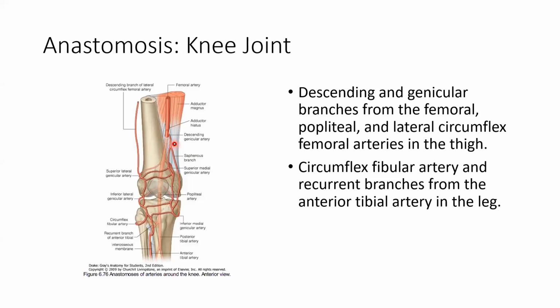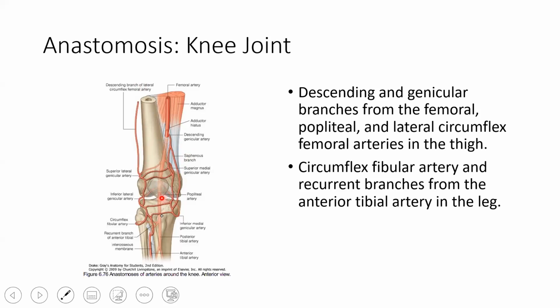And you also have the superior lateral genicular artery. And then on the medial aspect, you have the superior medial genicular artery. Then from the lateral circumflex femoral, you have a descending branch.